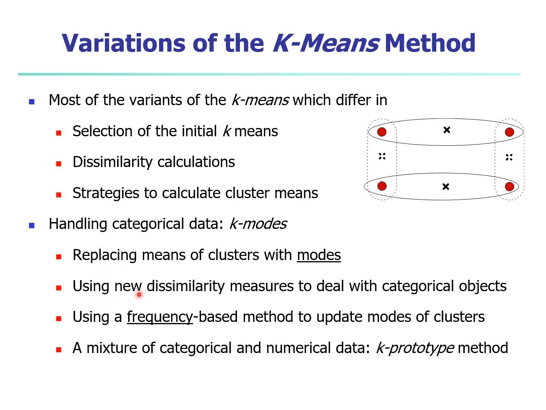Also, we can use new dissimilarity measures to deal with categorical objects, because the similarity measures of categorical objects are different. We can also use frequency-based methods to update modes of clusters. Instead of calculating distance, we calculate how many objects are there. And when we have a mixture of categorical and numerical data, we can use the k-prototype method. So we have k-means clustering, k-modes clustering, and the k-prototype method. All of them are variations of k-means.